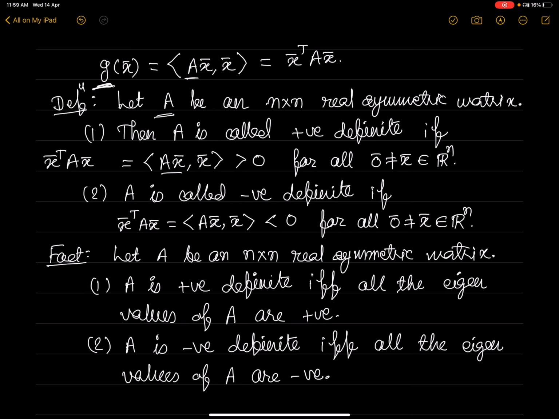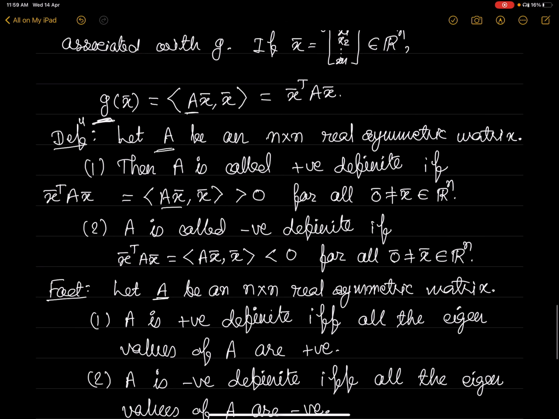Here we can also replace A by the quadratic form G. So we can say that G is a positive definite quadratic form if and only if all the eigenvalues of the matrix associated with G are positive, and the same thing can be done for the second one.